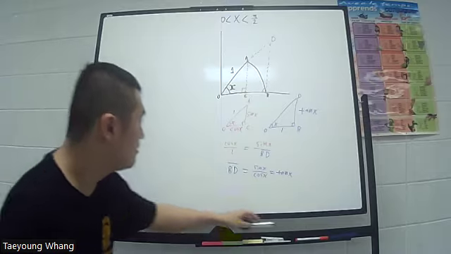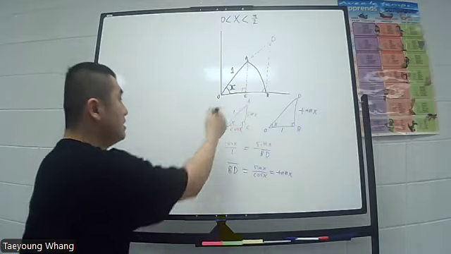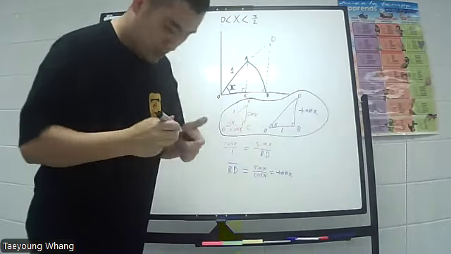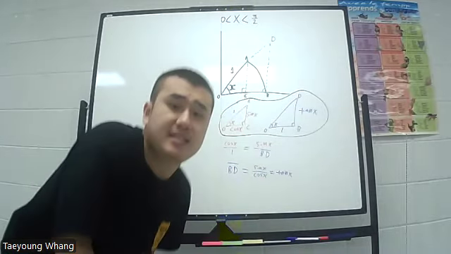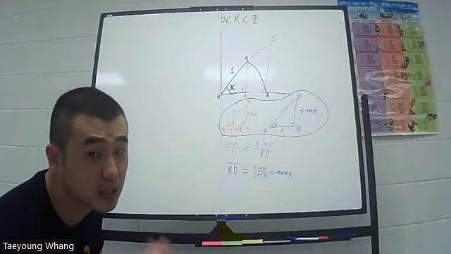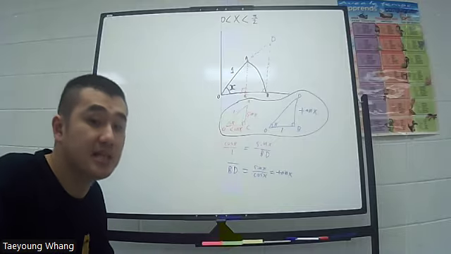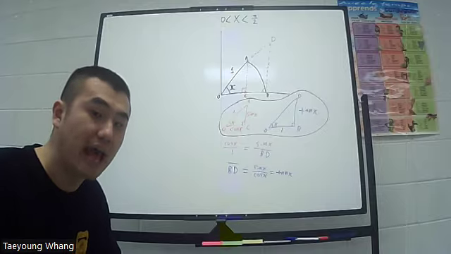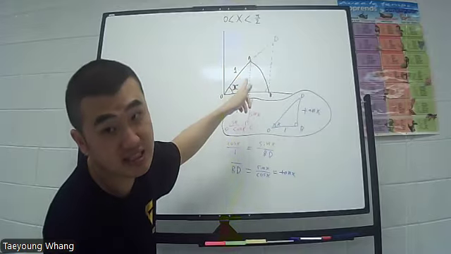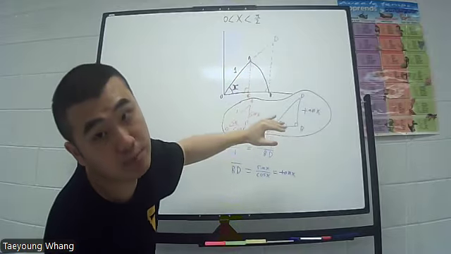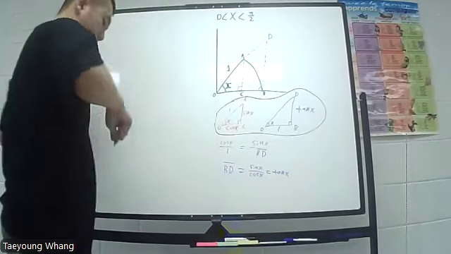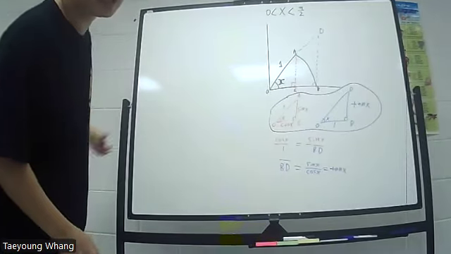Okay, now I have two triangles, and so what? Why did I even draw these two triangles? The reason is because now we are going to compare the areas of the red triangle, the pizza slice, the sector, and the big blue triangle. So let me move this to this side so you guys can see it much more nicely.